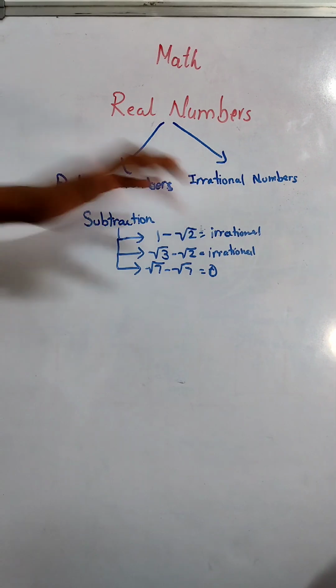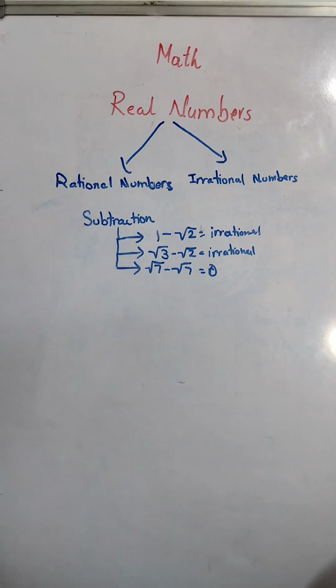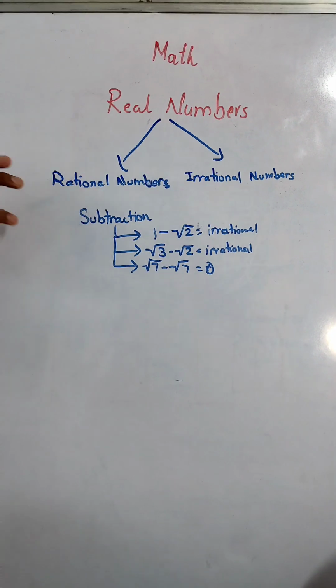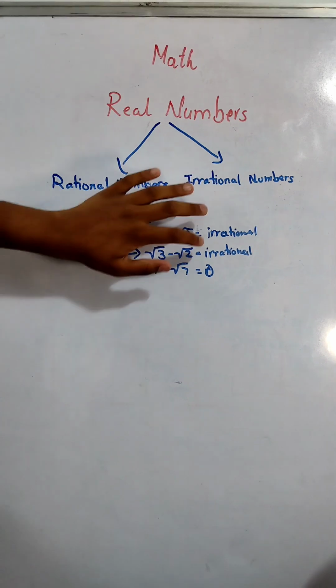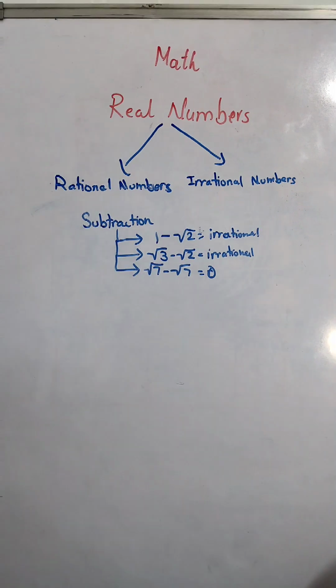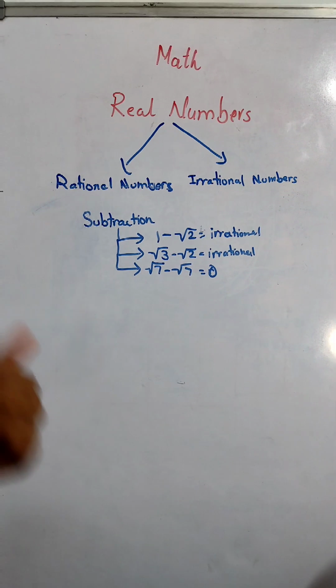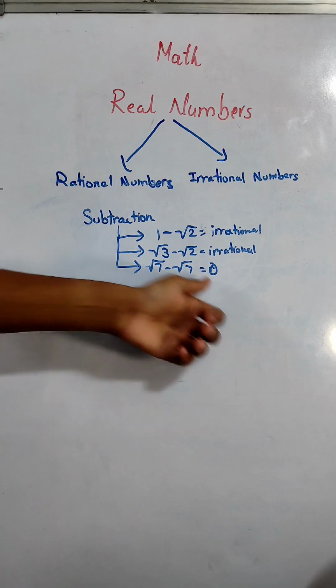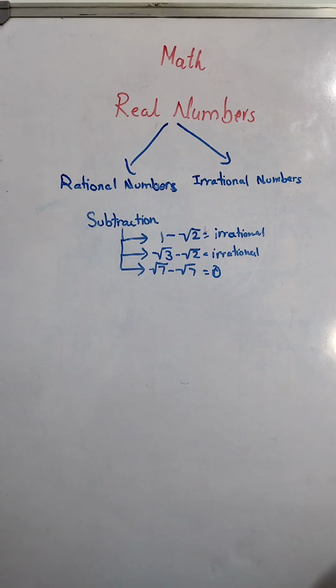So again, in the same way as earlier, there are two possibilities of a real number having irrational as an answer, but only one way it can have a rational number.